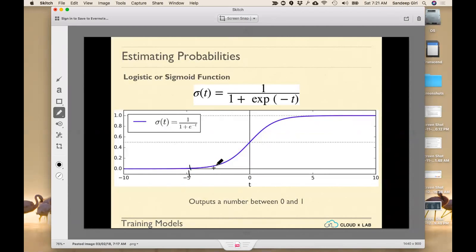And here there is the slightest possibility of it being on the other side. The probability of it being spam is here 0, and here is 1. But here it's a little bit there, correct?